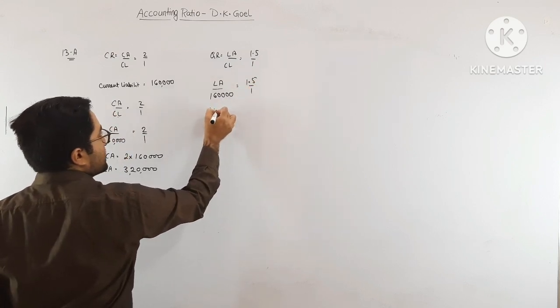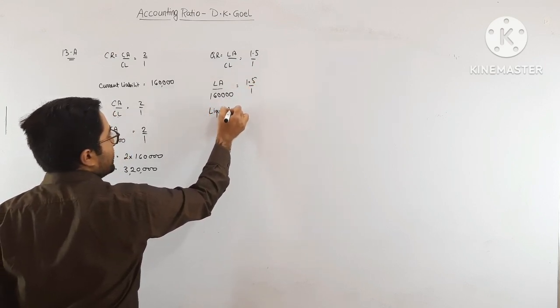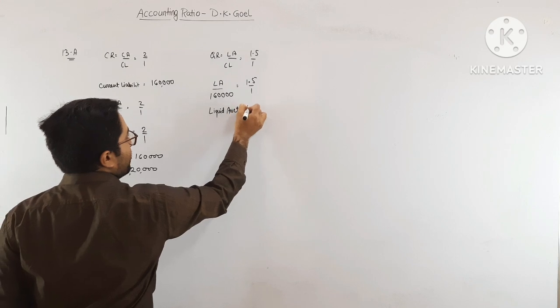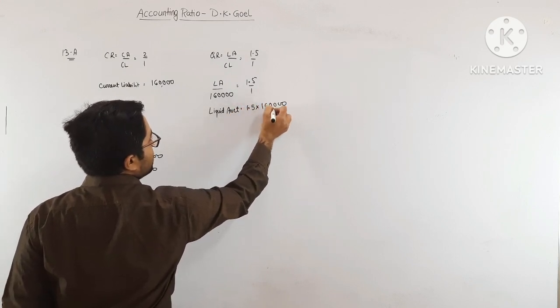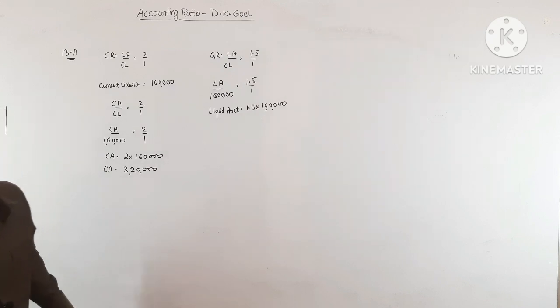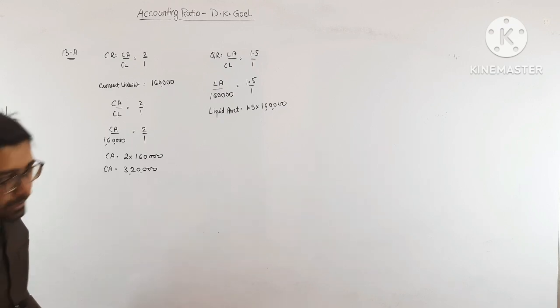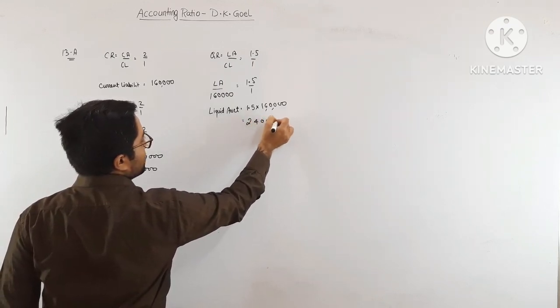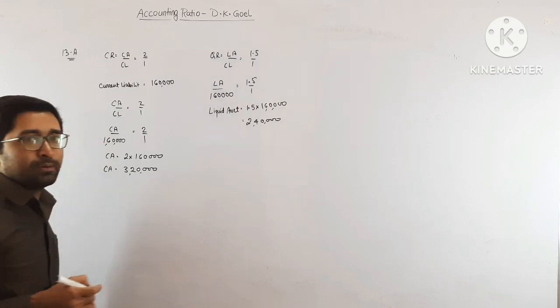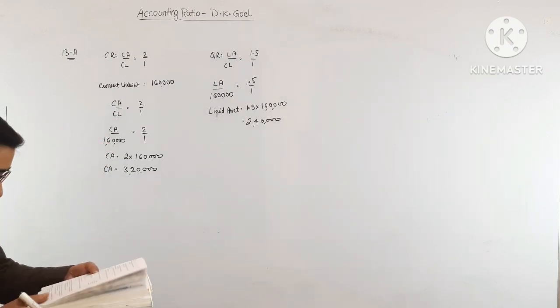So the liquid asset is 1.5 into 1,60,000, that is 1,60,000 into 1.5, which is 2,40,000. The liquid asset amount is 2,40,000.